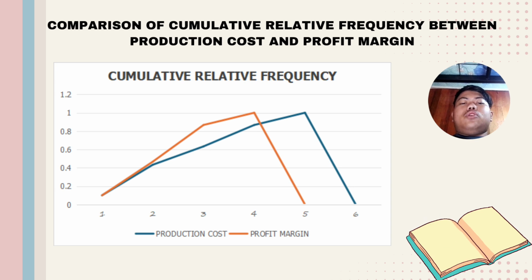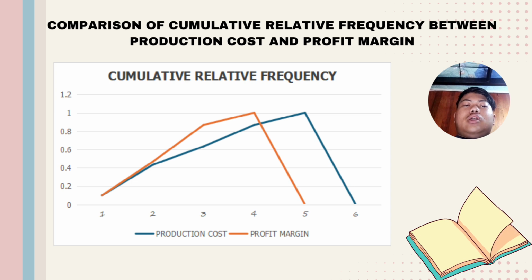Similarly, for the profit margin, we see a consistent upward trend highlighting the overall distribution of values. Through this analysis, we gain valuable insight into the trend and distribution of our production costs and profit margin.